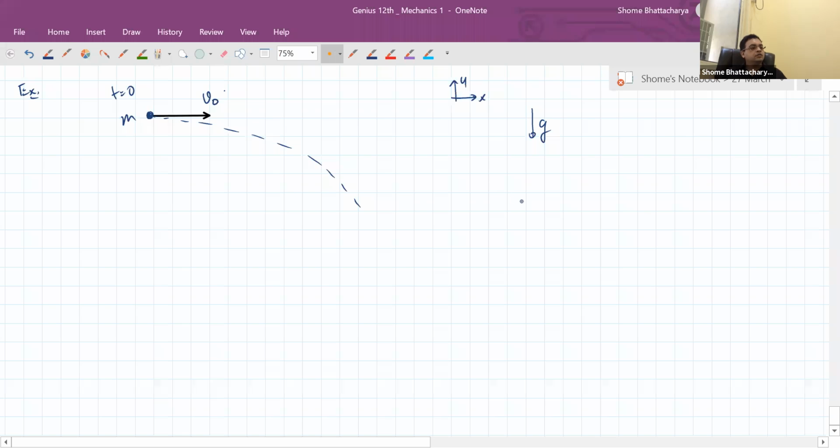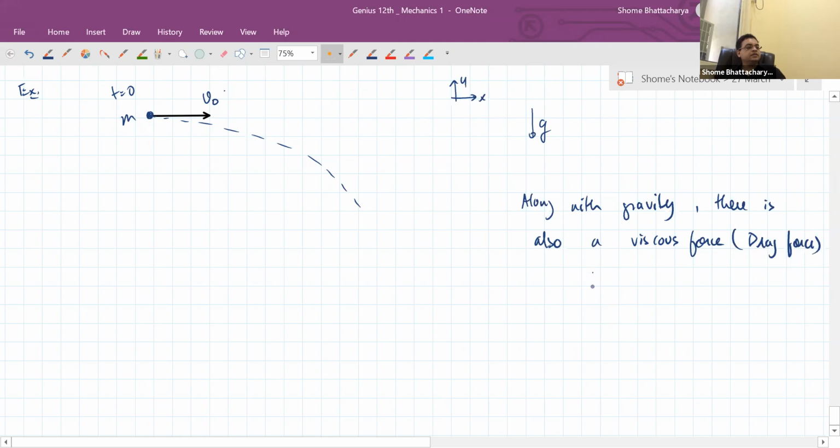But along with gravity, there is also a viscous force, or a viscosity force, or you can say a drag force, given by the relation F is equal to minus alpha V, acting on the particle.